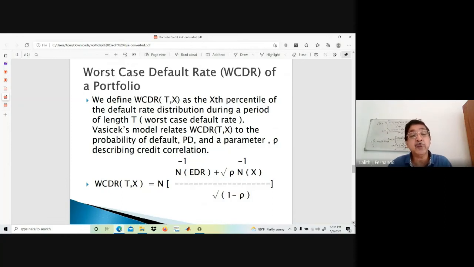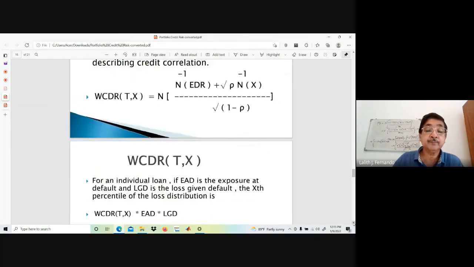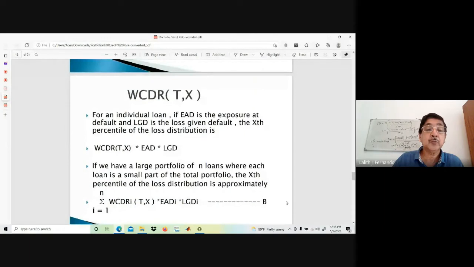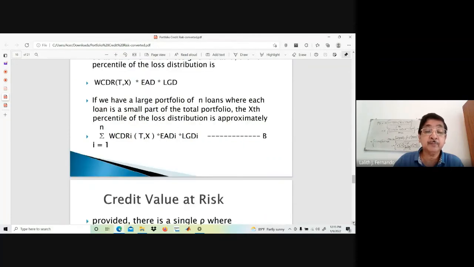So that is what you mean by worst case default rate. For an individual loan, if EAD is the exposure at default and LGD is the loss given default, the X percentile of the loss distribution is this much. Anyway, we will see what is the meaning of this WCDR.